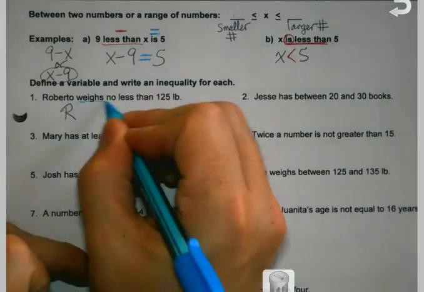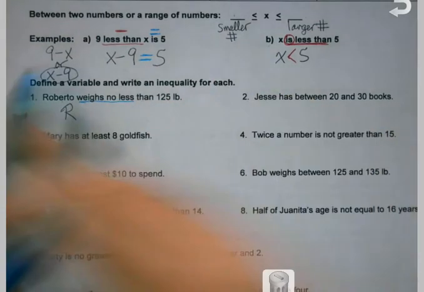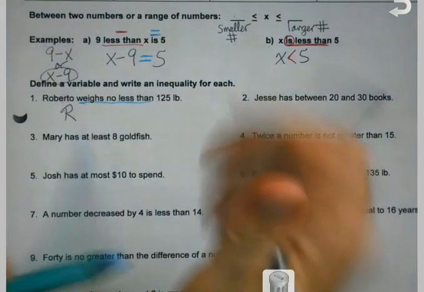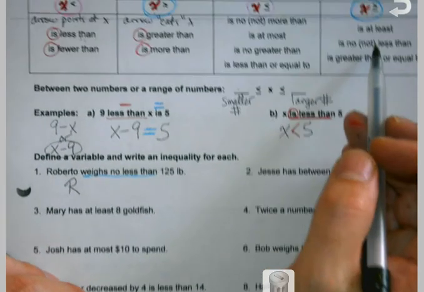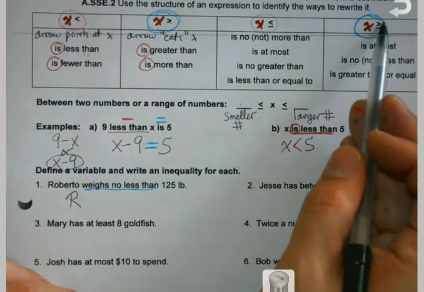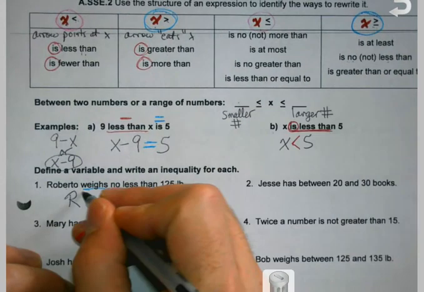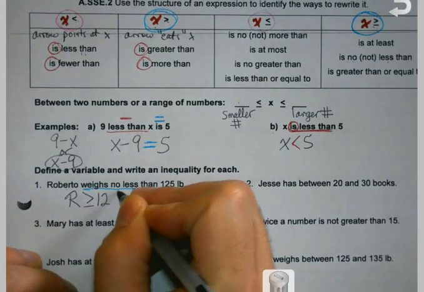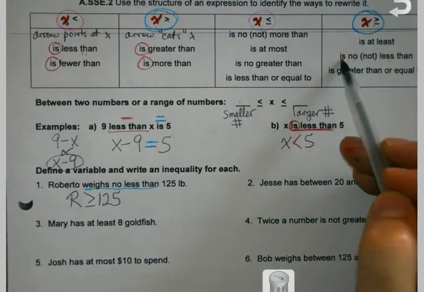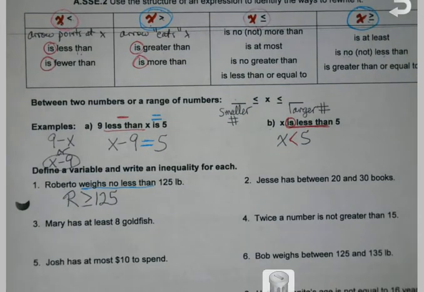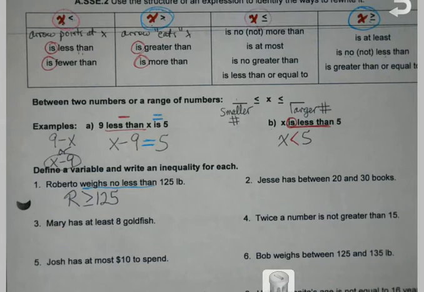So, weighs no less than, which means he's at least 125 pounds, and he can be more. So if I can be more than something, I'm going to be greater than that. And that's all I have to do. There's nothing to solve. It's just writing that out.